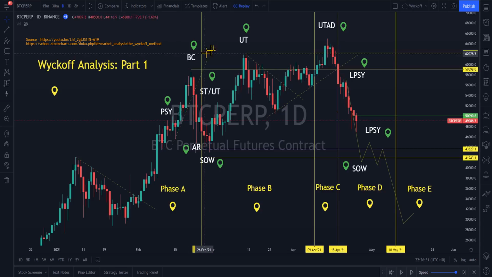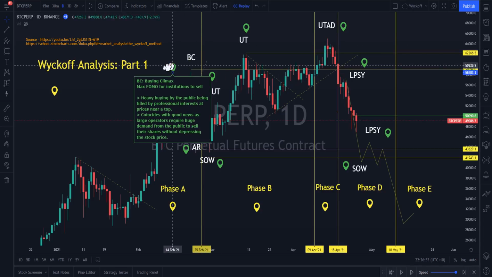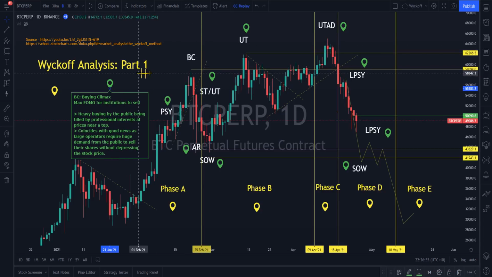Now, what's this thing, this BC? The BC, I'll just move it over here so you can see more effectively. The BC is a buying climax. That's when they maximize all the FOMO to pull people in, and they basically fool the public to buy at the top or near the top.